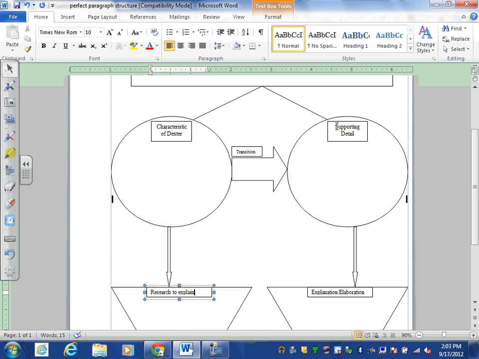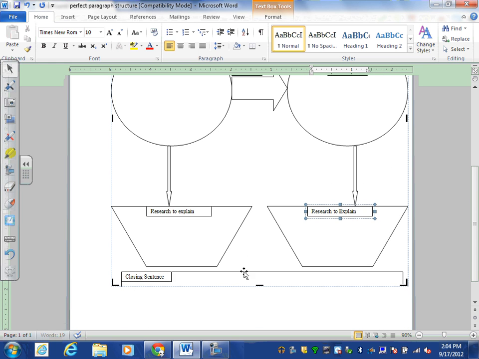This would be your second characteristic of Dexter. Okay, and again, you use your research to explain.